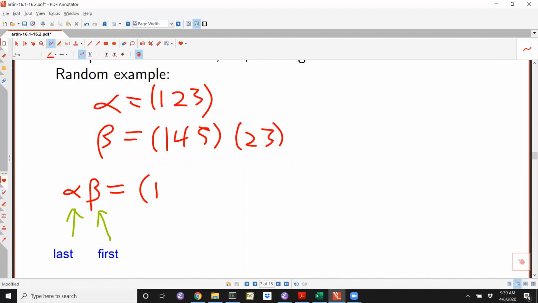Let me remind you how to multiply two permutations. Beta sends 1 to 4, and alpha sends 4 to 4. So this is 1, 4. As you may remember, the middle step was beta sends 1 to 4, and then alpha sends 4 to 4.